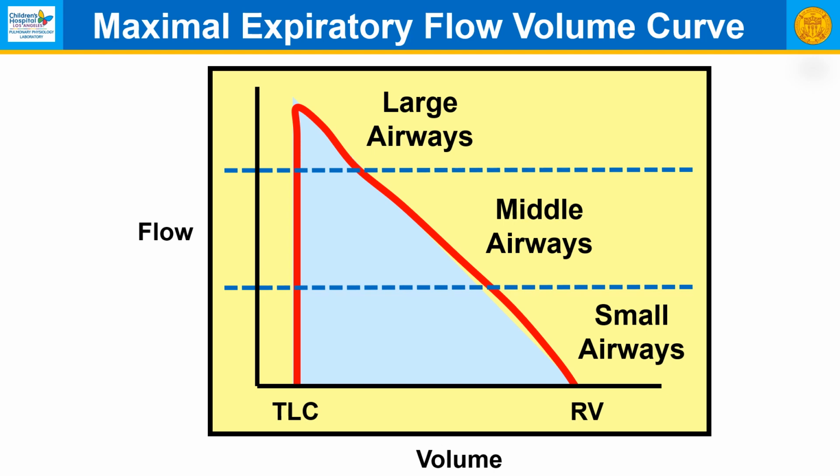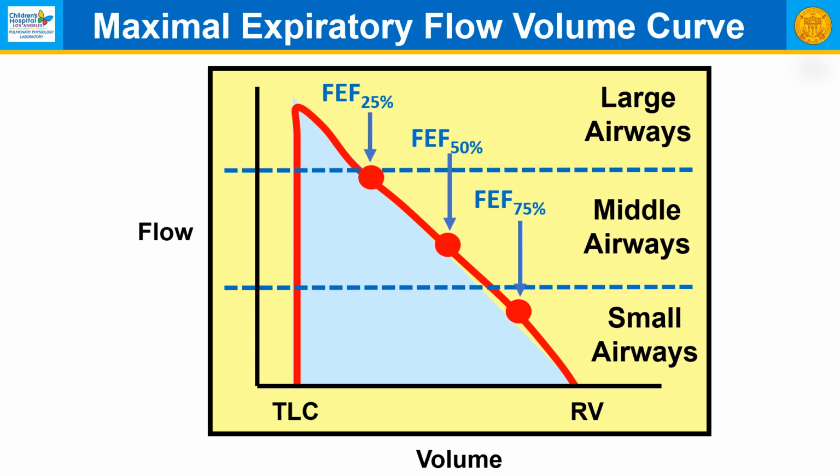So basically then this curve reflects large airways at the top, middle-sized airways in the middle, and small airways down here. All right. There are a number of things that are sometimes measured on the flow volume curve. So one is called the forced expiratory flows after exhaling 25%, 50%, and 75%. These are often reported on pulmonary function tests. They're instantaneous flows at these points.